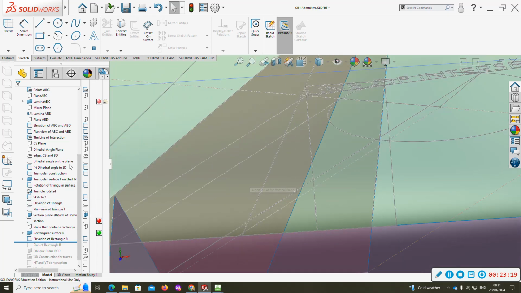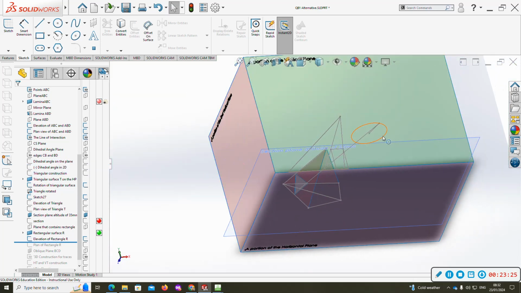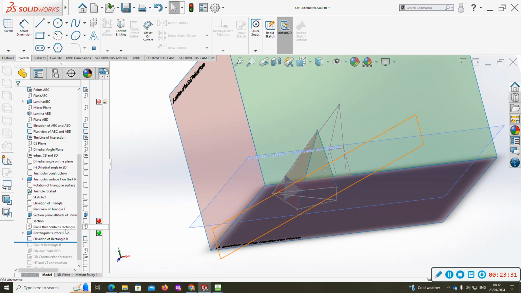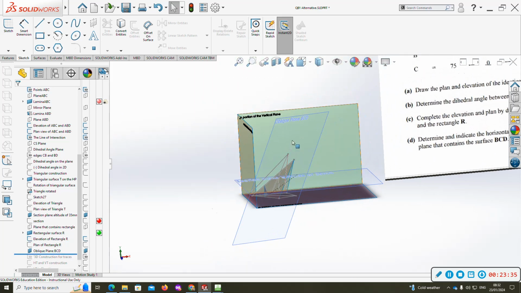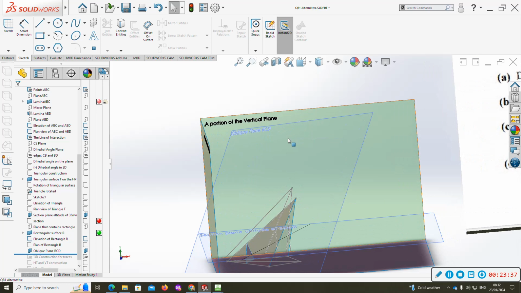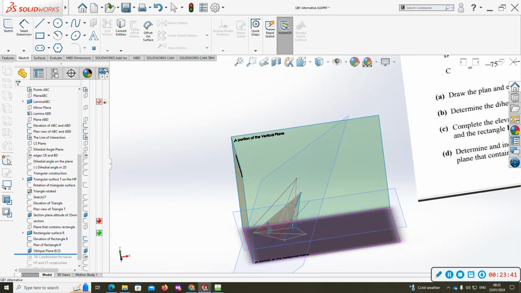Okay, this is just a bit too busy. Now, so here's the plane, oblique plane, BCD, the plane that contains points B, C, and D.